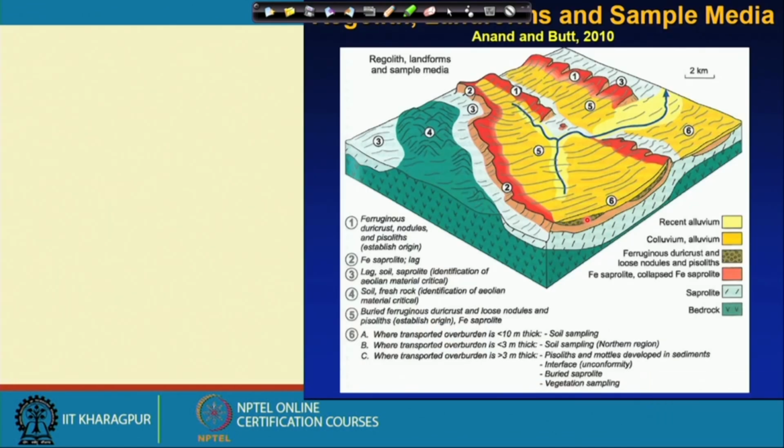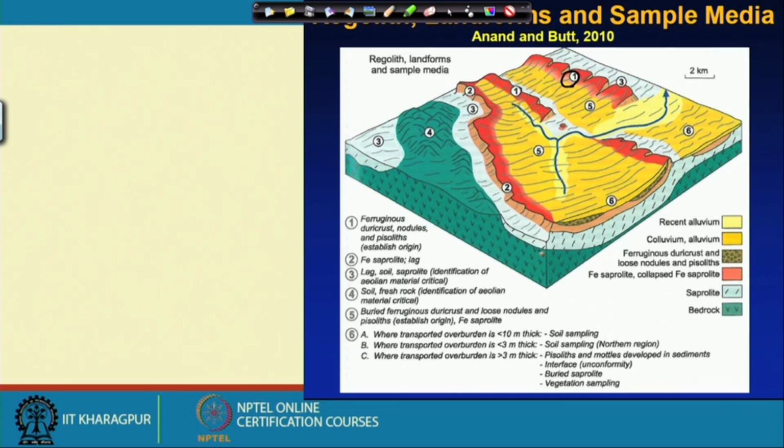So, this is taken from Anand and Bhatt in 2010. The different layers shown here are the ferruginous duricrust, which is the top layer, and it has been dissected by the normal erosion process, and then the saprock part is exposed, and this is the deepest part.